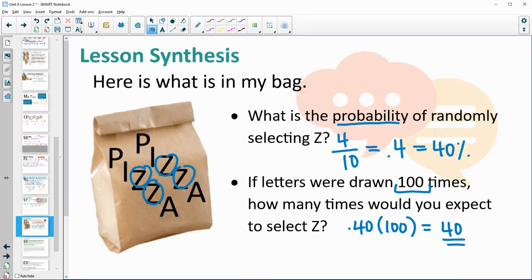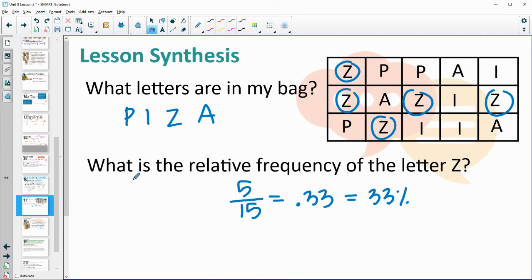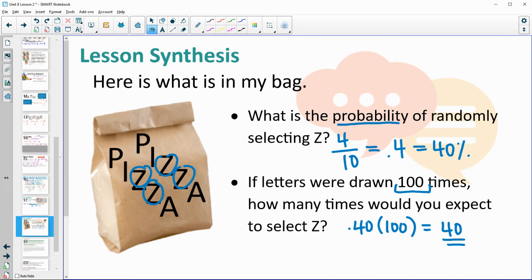And that's what probability does for us, that's how many times it's expected. Okay, and then this is how many times it actually happened. So relative frequency is how many times it happened in an actual experiment. Probability is what we would expect to happen over the course of time.